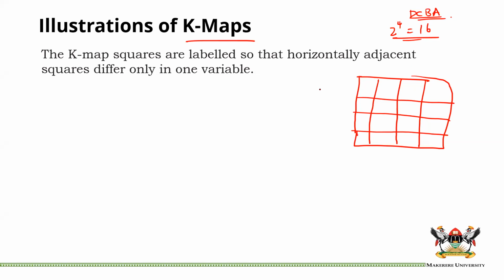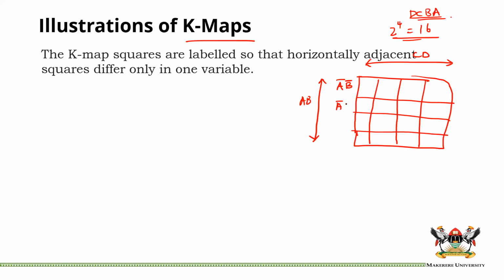Now, on one side, we can put AB, and on the other side, we can put CD. This does not change. So I'm just going to write them the way we usually do. We write A inverse B inverse, because A can be 0 or 1, B can be 0 or 1.